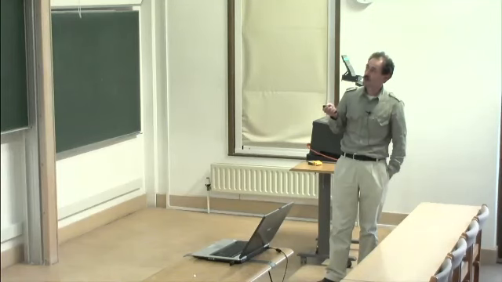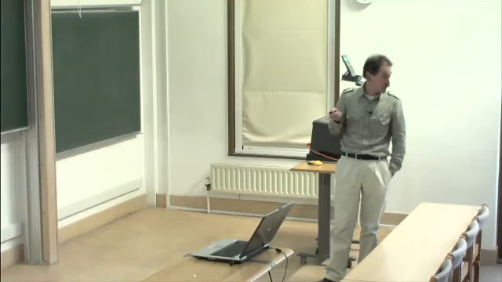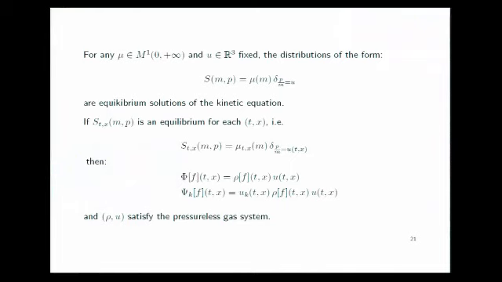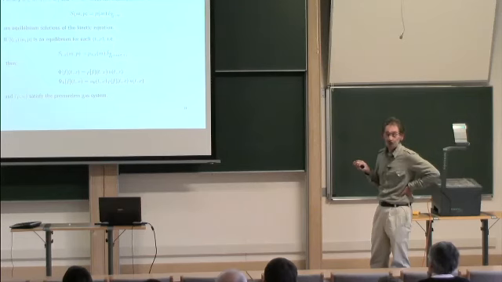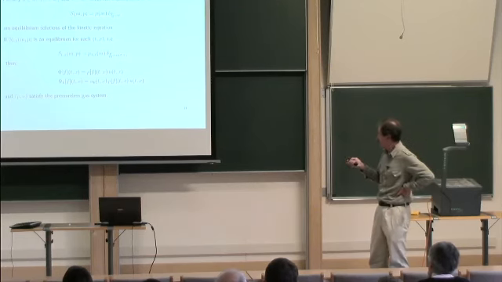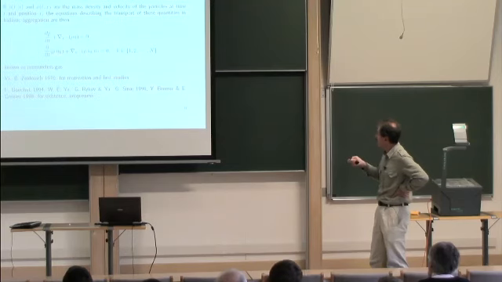So if these are steady states, and if that is a solution of the kinetic equation, which is an equilibrium for every t and x, so if that solution has that structure, then you can show that this rho f and uk satisfy the pressureless gas system. So these are solutions of that system here.